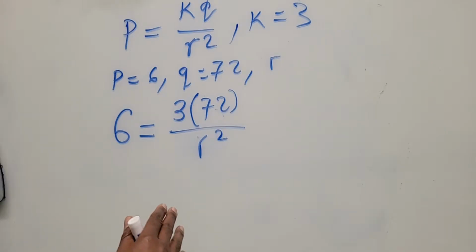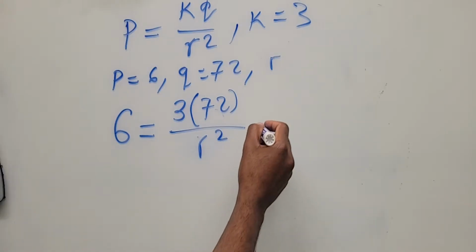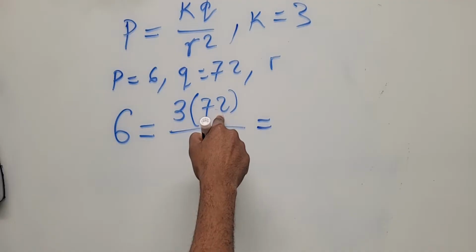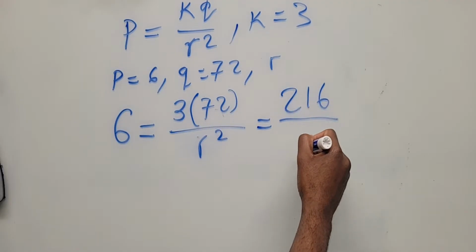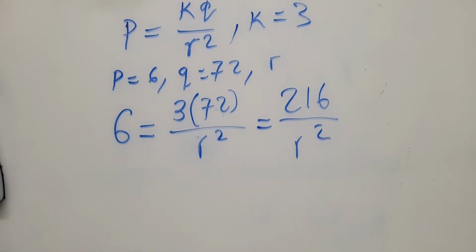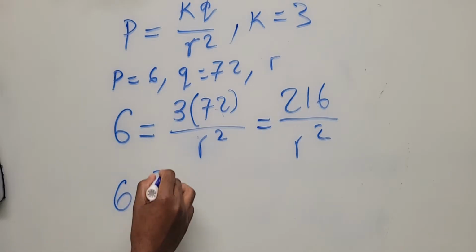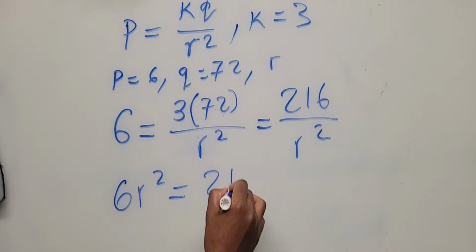So fast forward here, this is just 3 multiplied by 72 is 216, then divided by R squared. Okay, so if you do your multiplication here, this is just 6 R squared is 216.